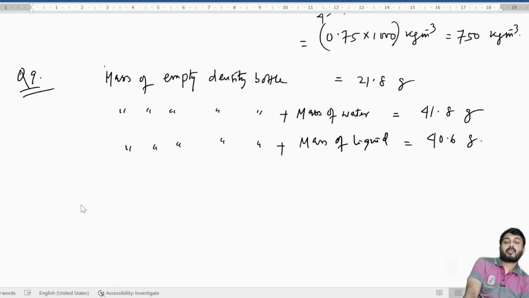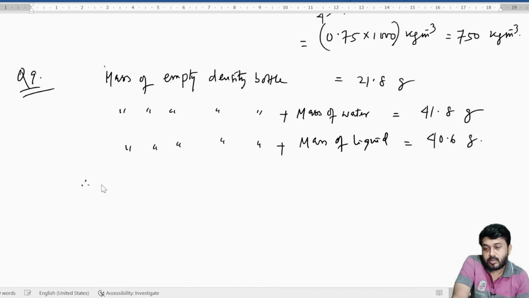Volume of density bottle, how to find? Mass of water, mass of an equal volume of water.